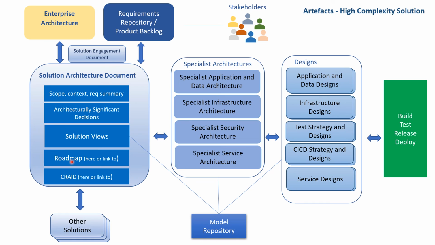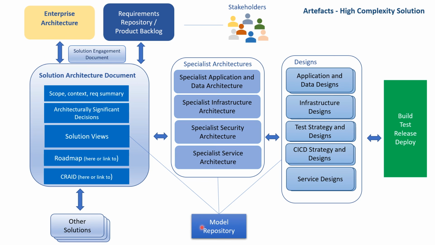And then the roadmap of where we're next on the solution. And the CRAID, which is the constraints, risks, assumptions, issues, and dependencies, giving context the solution is working within. That's all linked to the enterprise architecture as well to make sure it aligns.